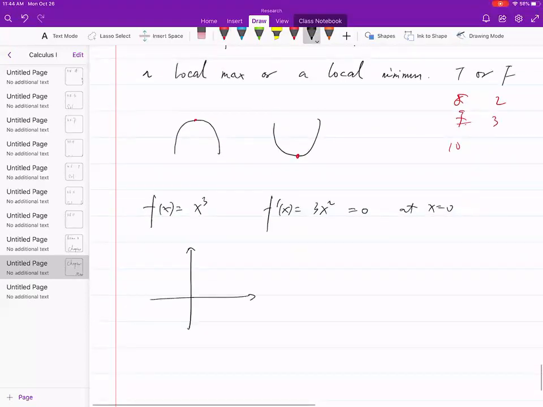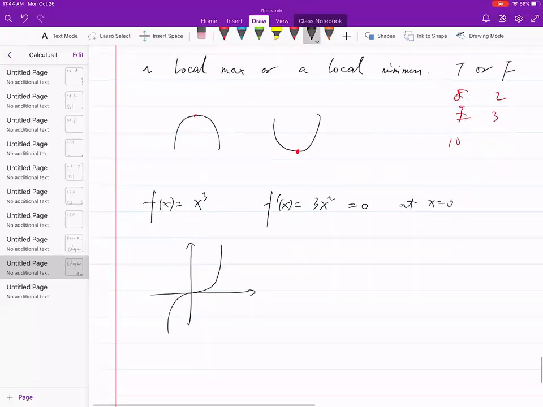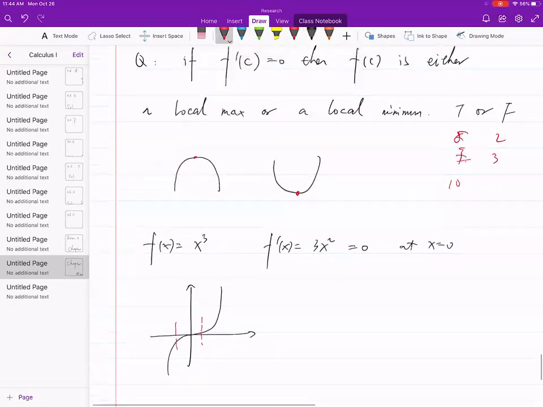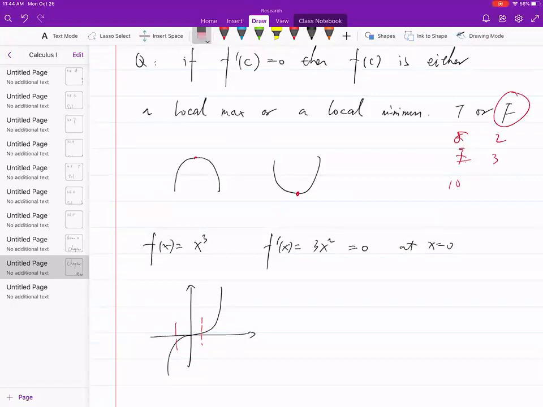But is it a maximum or minimum? Neither. We're talking about local here, so we don't even need an interval. We just say, for a short period of time, it's neither. So this is false.